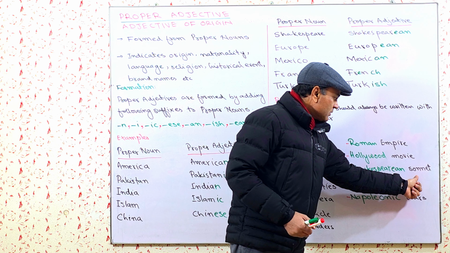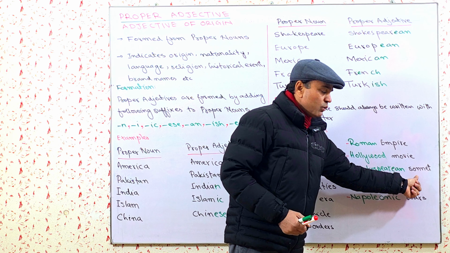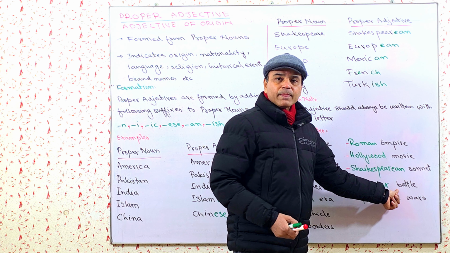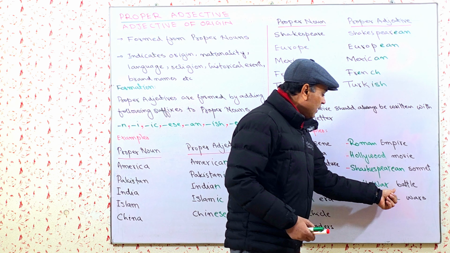Shakespearean sonnet. Here, sonnet by whom? By Shakespeare. Civil War battle. Here we are talking about a historical event that took place during the Civil War. Napoleonic Wars. Again, we are talking about a historic event.